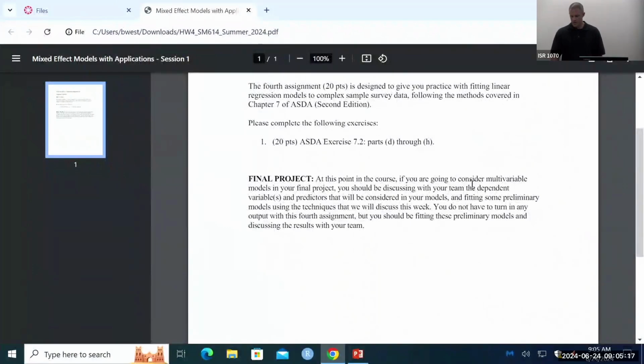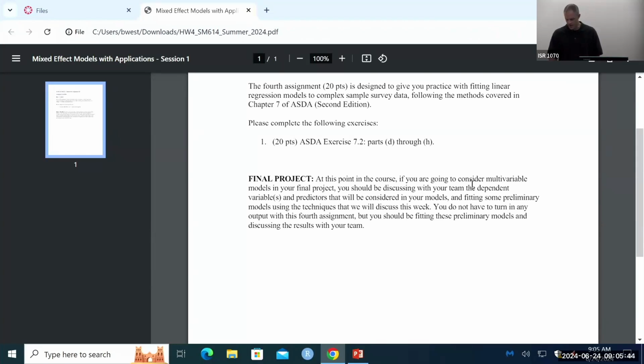So part D is asking you to fit the preliminary model with the retained predictors from part C. I want you to just start with all of those predictors considered simultaneously in a model for satisfaction with the government. So you're given what those predictors are, start with all of them simultaneously. Don't do a bivariate analysis, just start with all of them simultaneously and look at their relationships with the dependent variable.